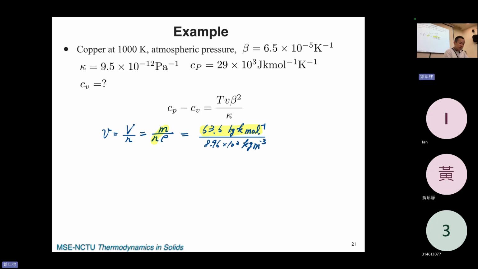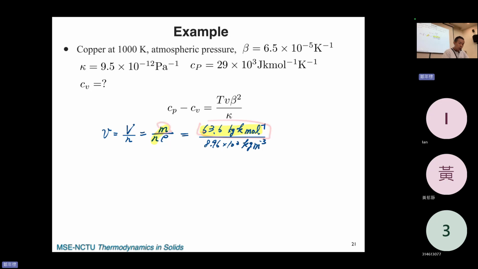Okay, of course, this value is actually obtained from kappa. You need to Google it. Okay, you can get the density and you can find how many kilomoles there are for your mass and what the density is, and you can obtain its mass.